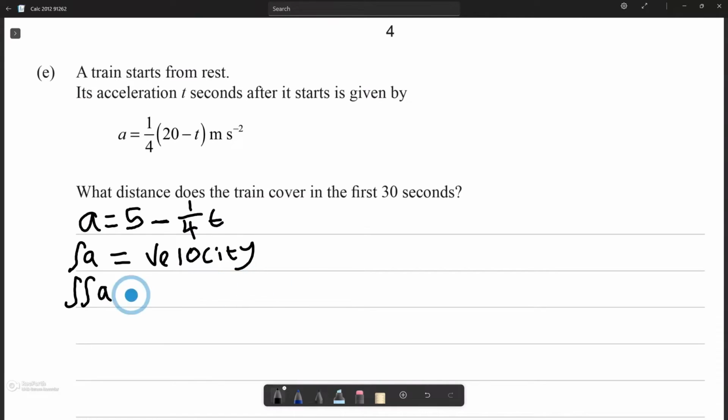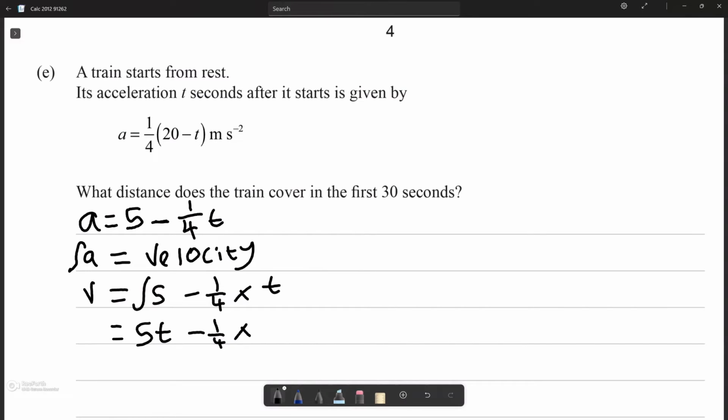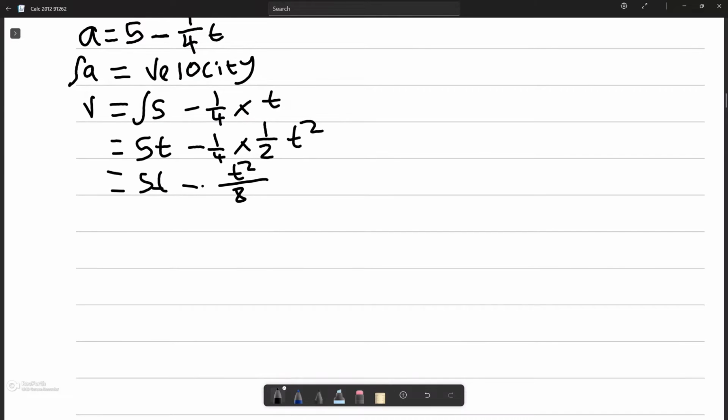So the first time we do it, we'll get that v is equal to the integral of 5 minus 1 over 4 times the integral of t, which is equal to 5t minus 1 over 4 times 1 over 2 t squared, which is equal to 5t minus t squared over 8.